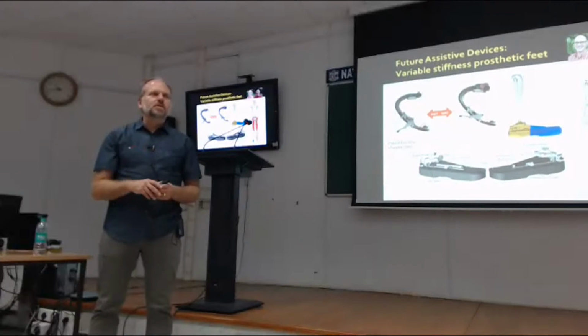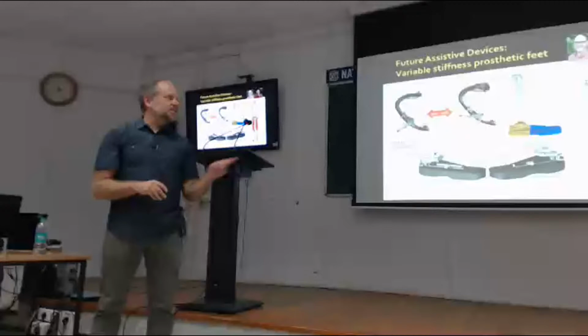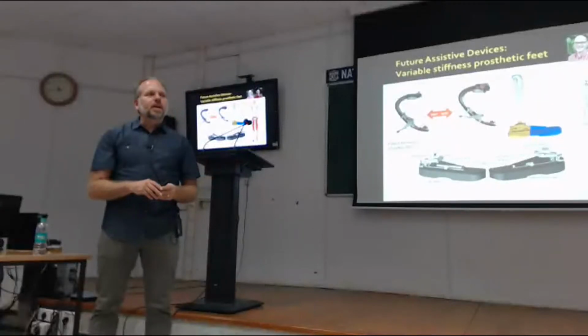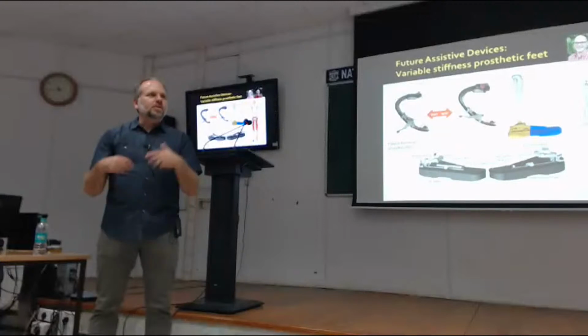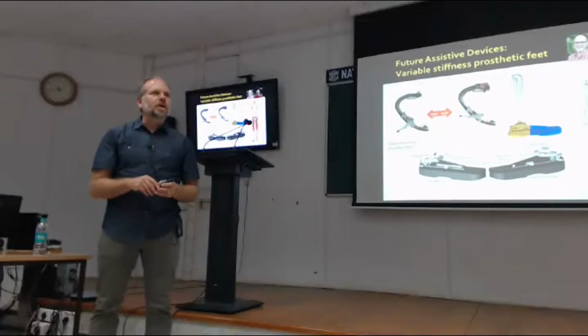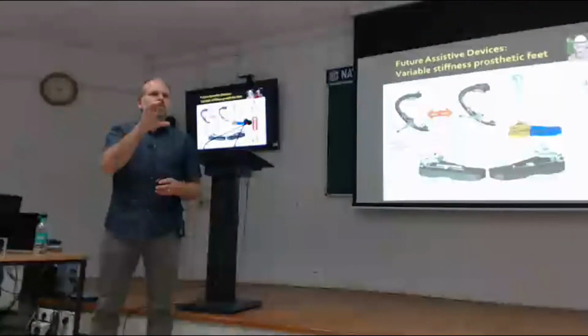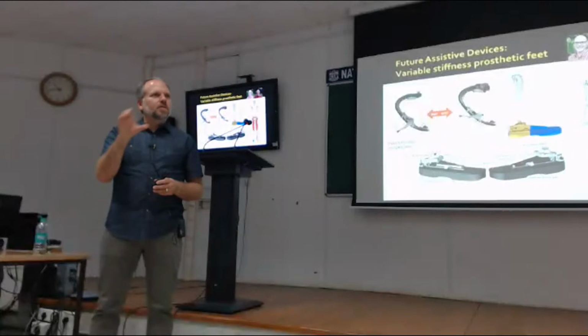So we've done some of that work in the lab already, not with this particular device, but with similar other devices. And we look at how much energetic cost there is to the joints to still produce the same propulsion necessary to walk. And we can see there's a transfer of energy from an ankle-driven function to a hip-driven function, and back if the prosthetic foot becomes more capable.